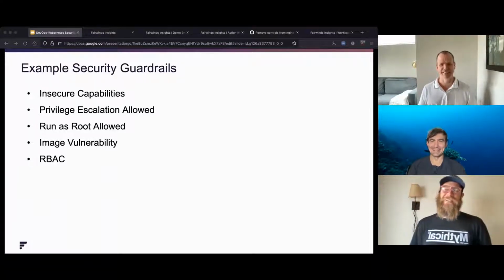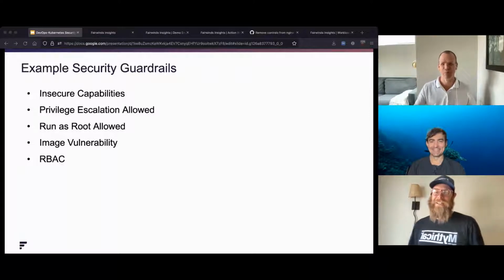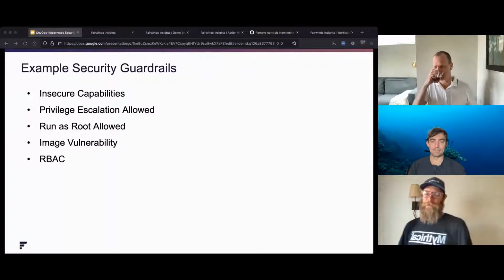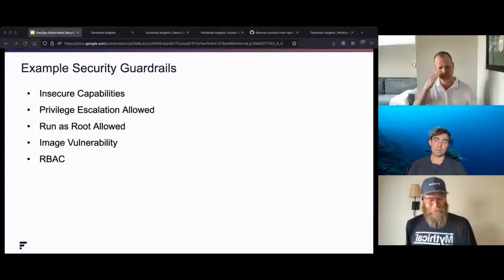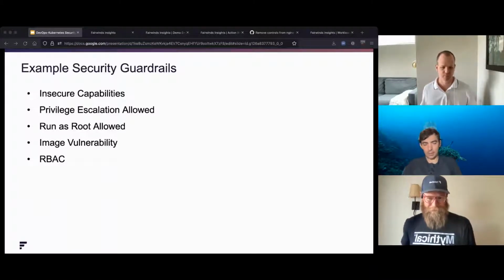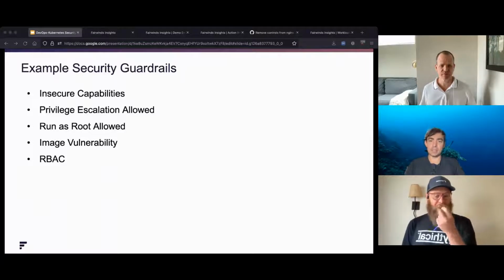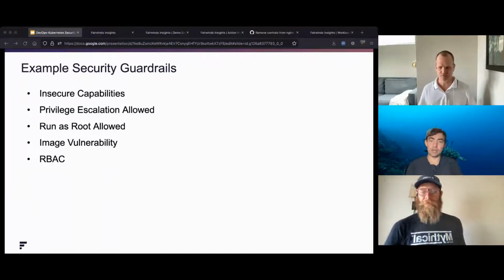It is. Yeah. So related to this, and several of these are related, Robert, talk about privilege escalation being allowed and how that's different from insecure capabilities. Yeah, so one of the things that makes containers so nice and lightweight is that they share a lot of resources with the system that they're running on, right?